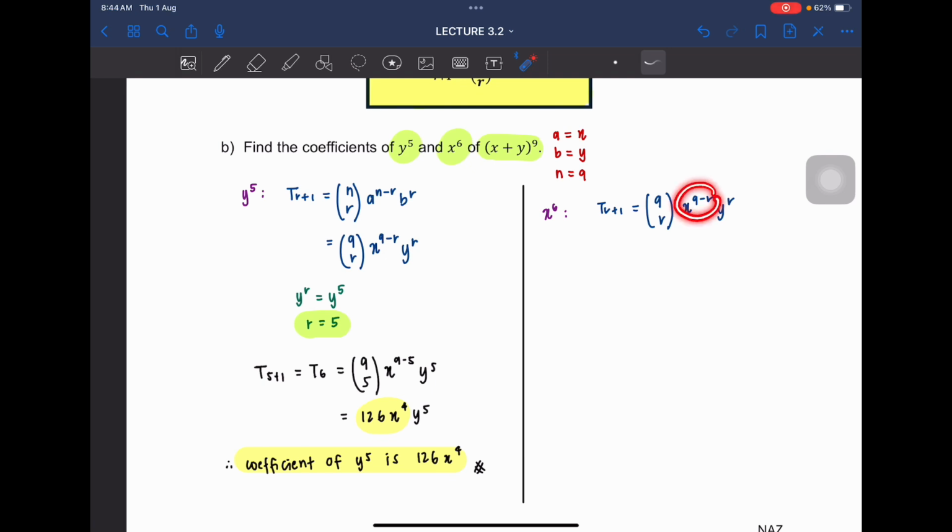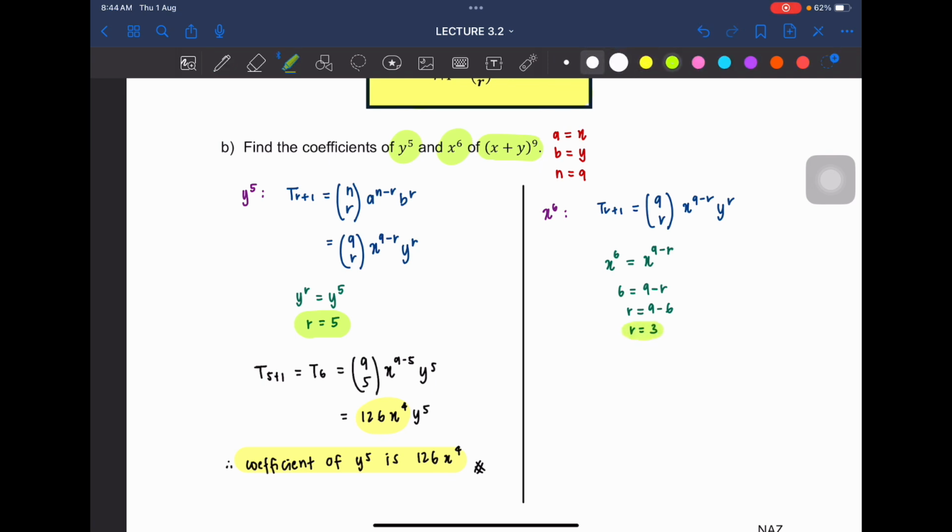Since we need x to the power of 6, we need to make it equal to x to the power of 9 minus r, because this is the only x that we have. So we have 6 equal to 9 minus r, so r is equal to 9 minus 6. You get r is equal to 3.